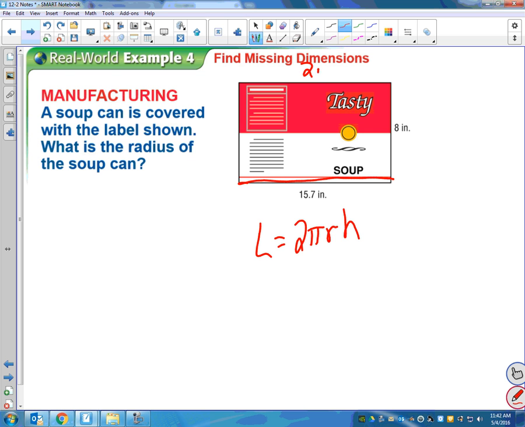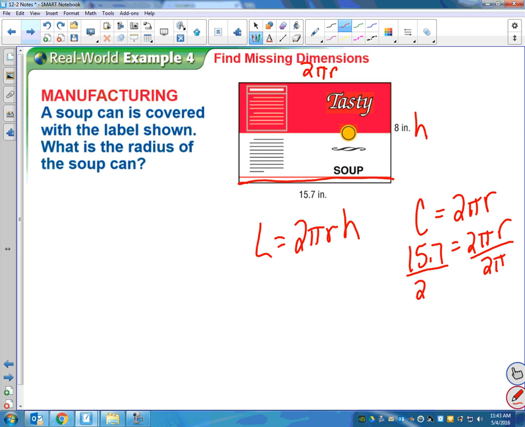This is 2 pi r. This is h. h isn't really needed. I could find the lateral surface area and divide the 8 over, but probably better is they're giving us that the circumference is 15.7. So what would I do to solve that for r? Divide by 2 pi.